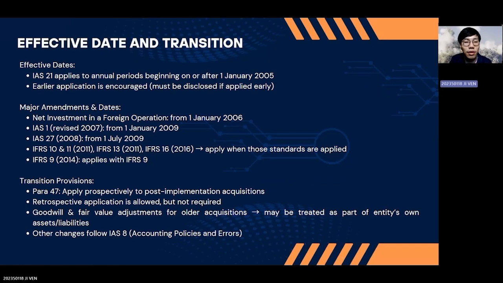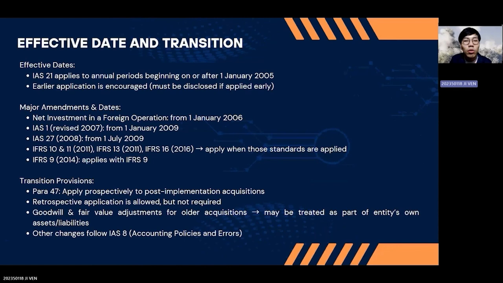In 2007, the revised IAS 1 brought terminology updates and affects several IAS 21 paragraphs, effective from 1st January 2009. Then, in 2008, IAS 27 was amended, adding paragraphs 48A to 48D.